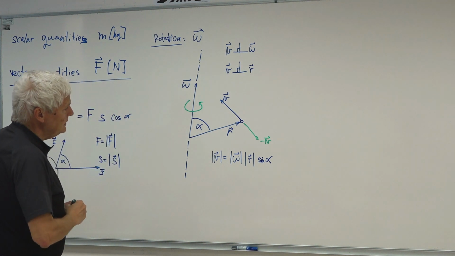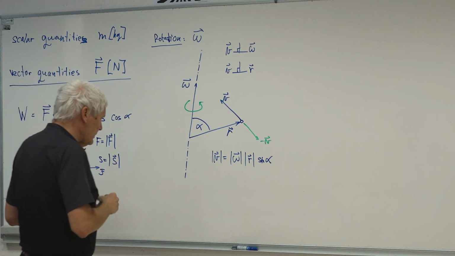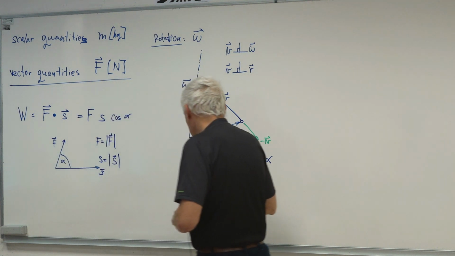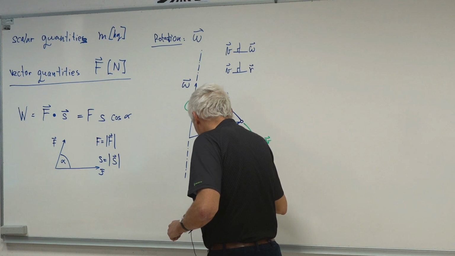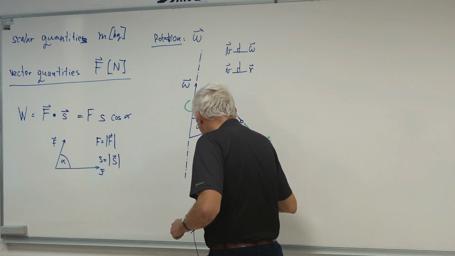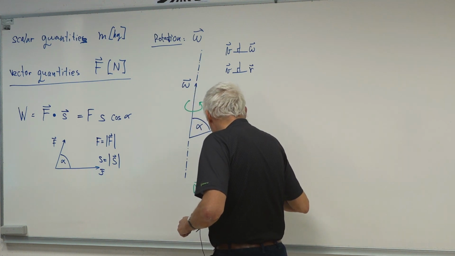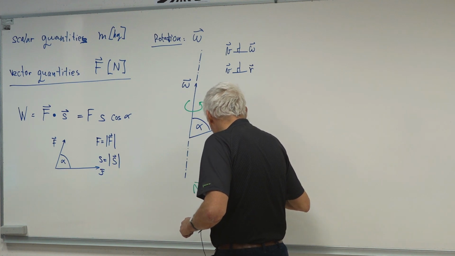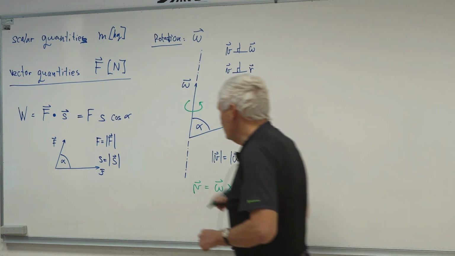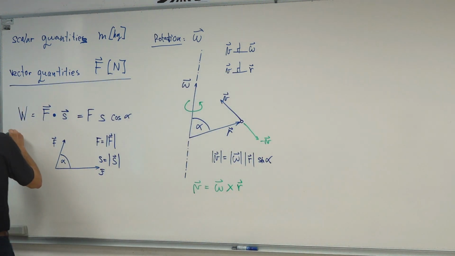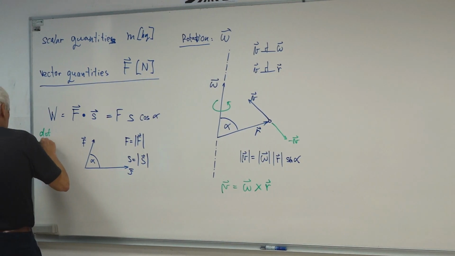And in order to do this in a single operation, in order to define all these symbols, we say that the velocity vector is the angular velocity vector times the position of our particle. This is not a dot or scalar product.